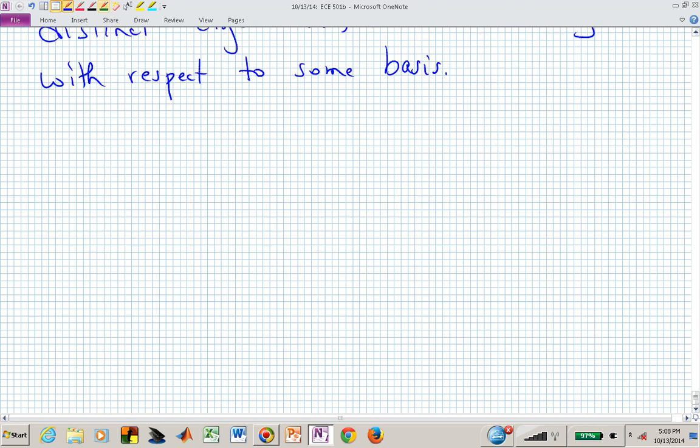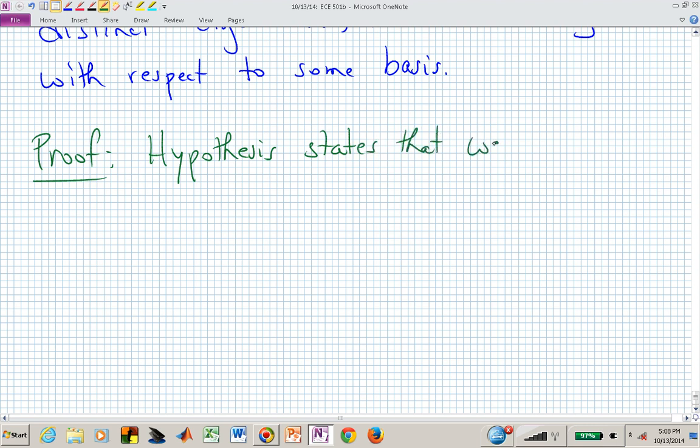Here's sort of a justification of that. Let's say now we are going to prove that. The hypothesis states that we have lambda sub 1, lambda sub 2, up to lambda of dimension V, distinct eigenvalues.